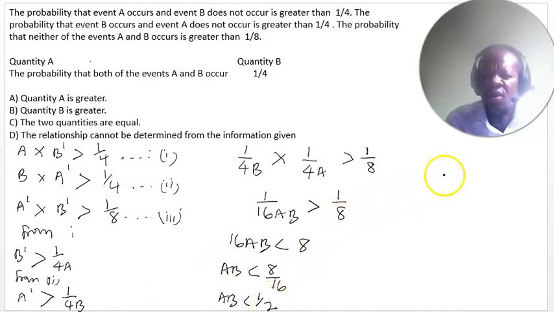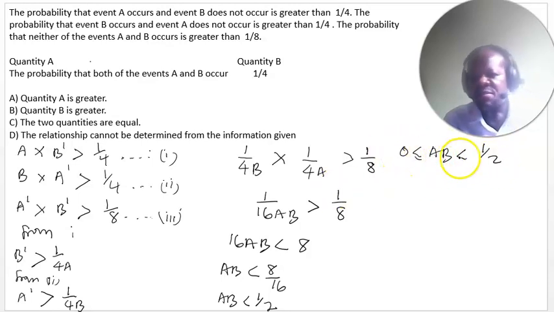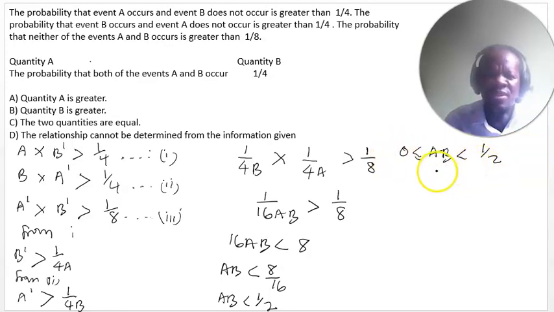So now, let us generate the actual probability of AB. So AB is 0 less than or equal to AB less than half. That means AB is now a range of values, which is from 0 to less than 1 over 2.